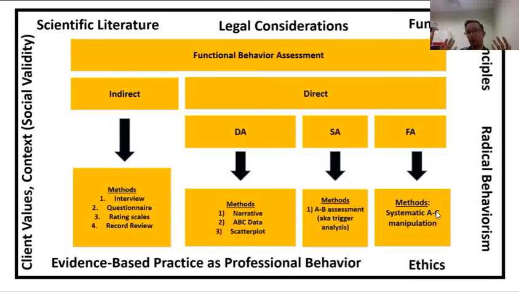So if the condition that contains the variable you thought might cause the behavior is associated with the highest amounts of challenging behavior relative to a condition where those same variables are not present, well, then you can conclude that you've identified the function of the behavior. We'll talk more about this going forward. But this is just another review of functional behavior assessment.